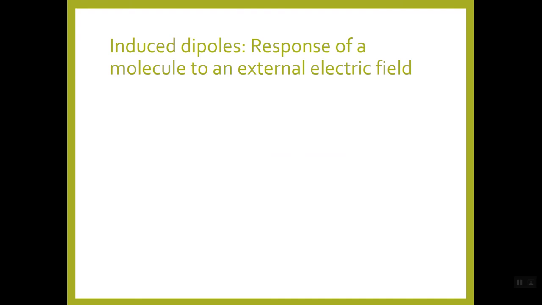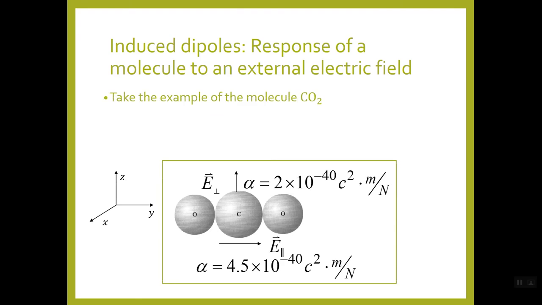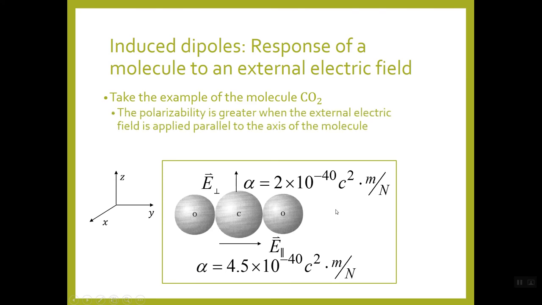So let's take the example of a CO2 molecule. Here's the axis of the CO2 molecule. The polarizability is going to be different if we apply the E field along this axis as opposed to perpendicular to it.